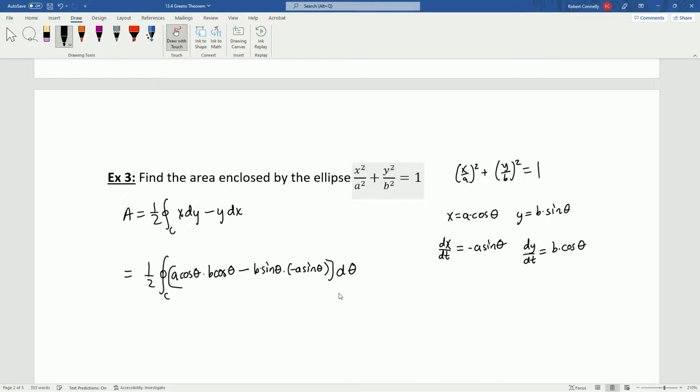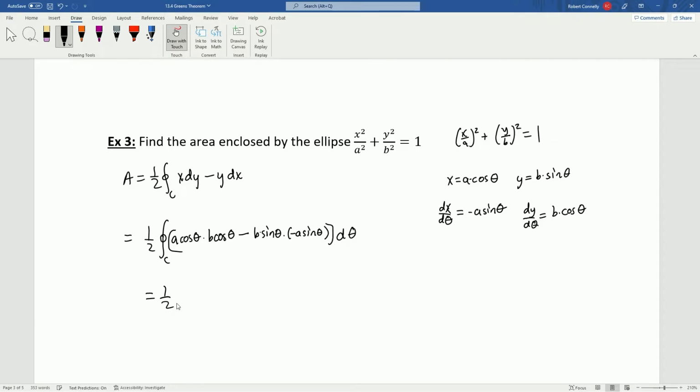All with respect to, I guess I've been writing dt, which is silly because I parameterized these with theta as my parameter. So I should call that dx/d theta, dy/d theta. And this integral should be with respect to theta.